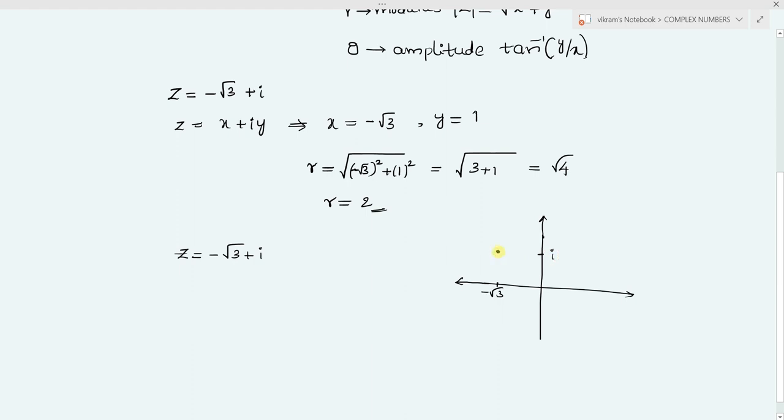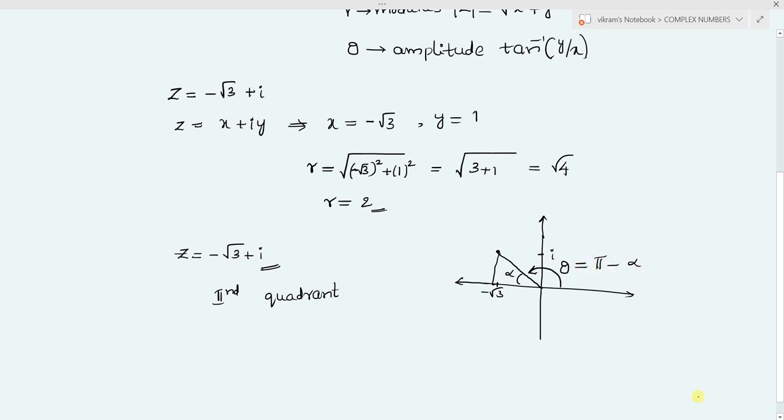Let's consider this is the point. So the given complex number is in the second quadrant. Now, how do we find the argument in the second quadrant? First consider alpha, then the argument theta in the second quadrant is pi minus alpha.